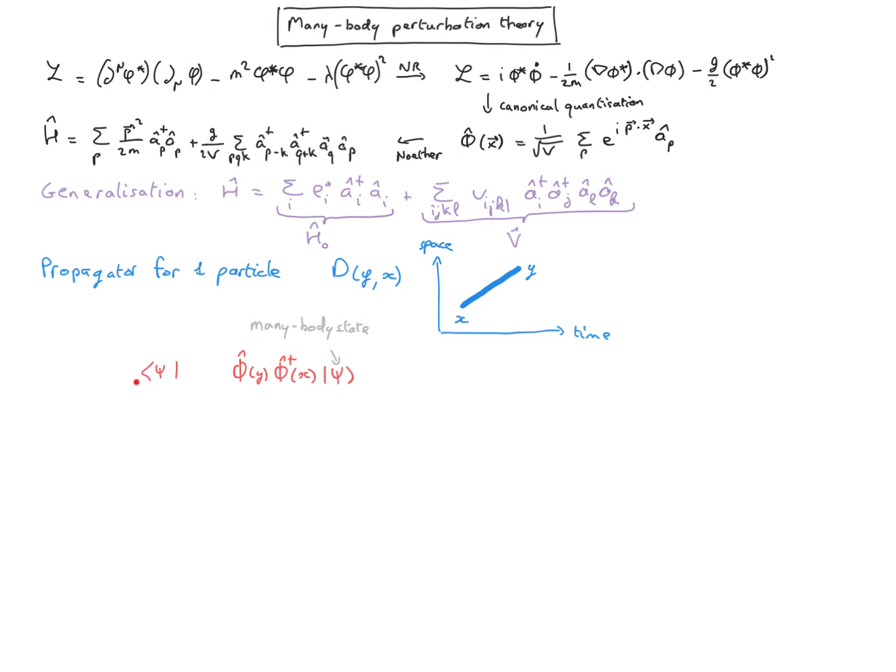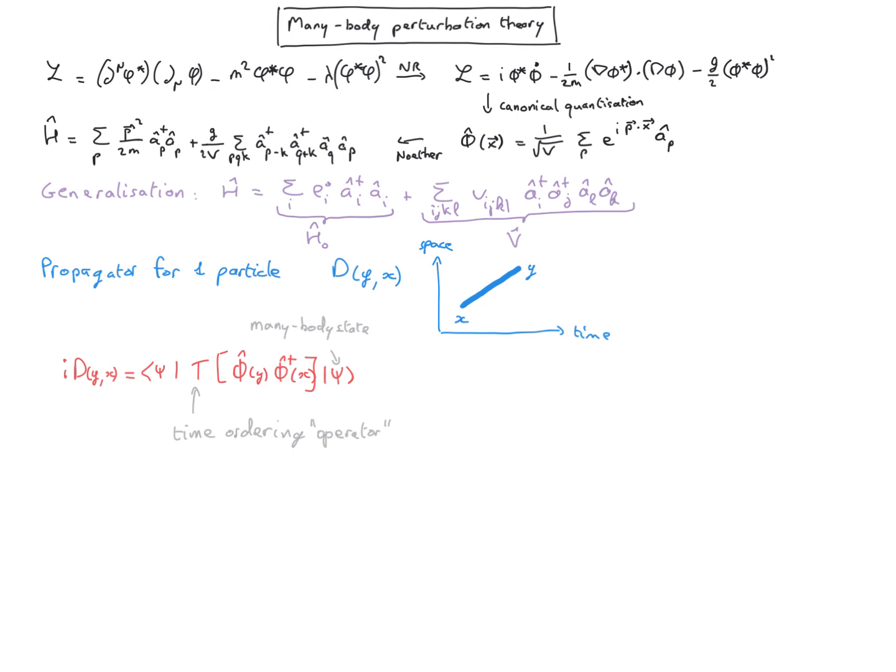That gives us an amplitude of probability for a particle created in x to be propagated from x to y and later on being annihilated in y. And that's nothing else but the propagator between x and y for the particle. This expression is read from the right to the left. Therefore, we need to make sure that x occurs before y, and to do that we use a time ordering operator.